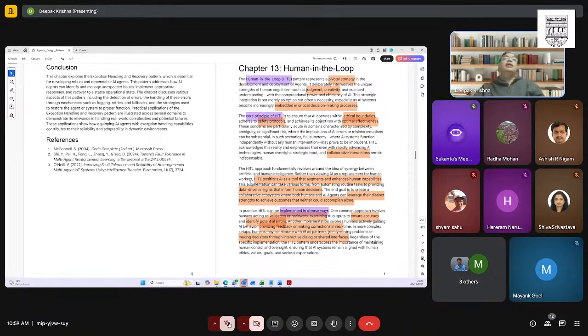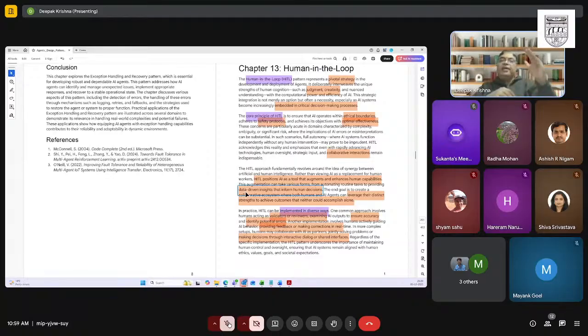So what HITL, human in the loop, will do is augment the human capabilities. It can provide data-driven insights and inform the human decisions: okay, I have these insights for this data, what do you want to do now?